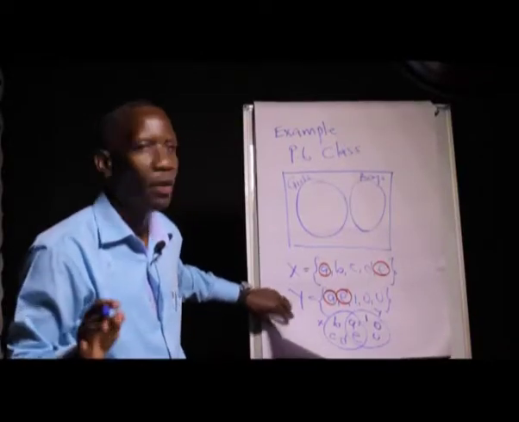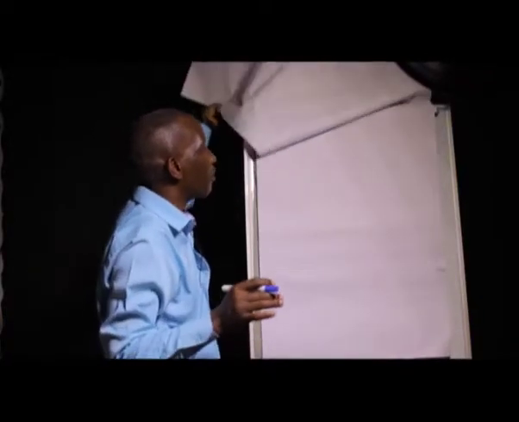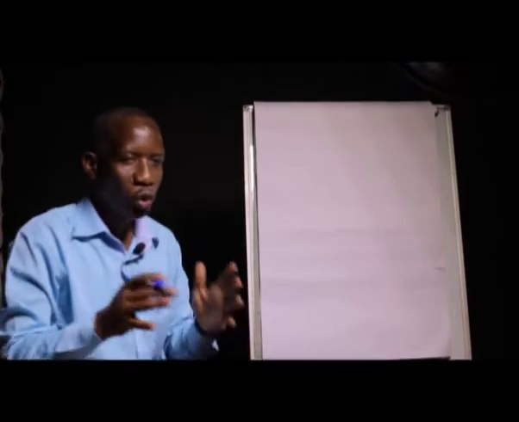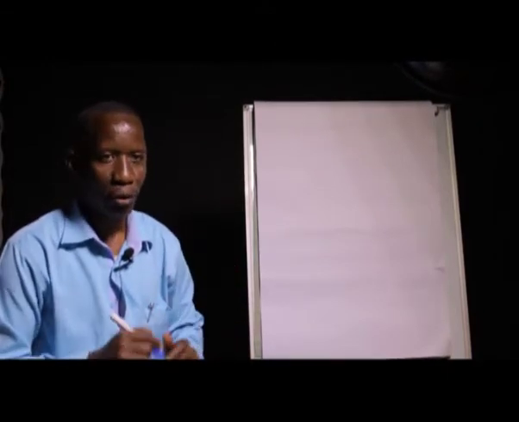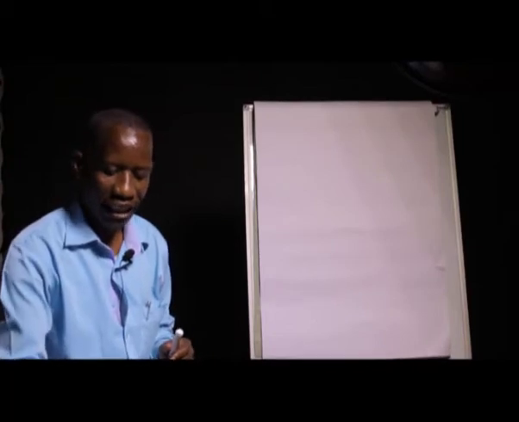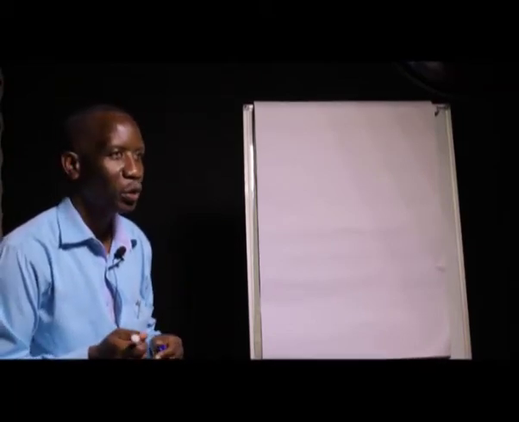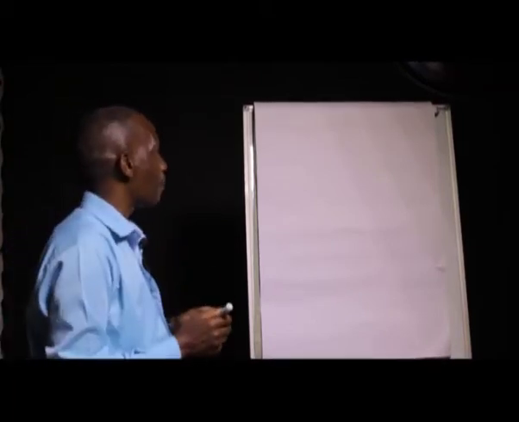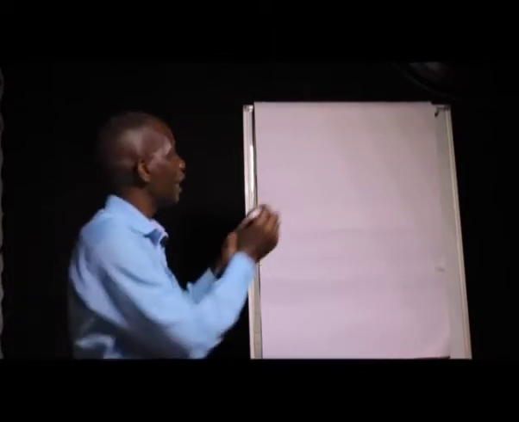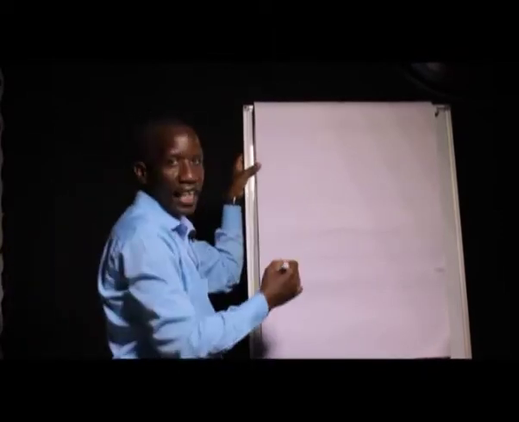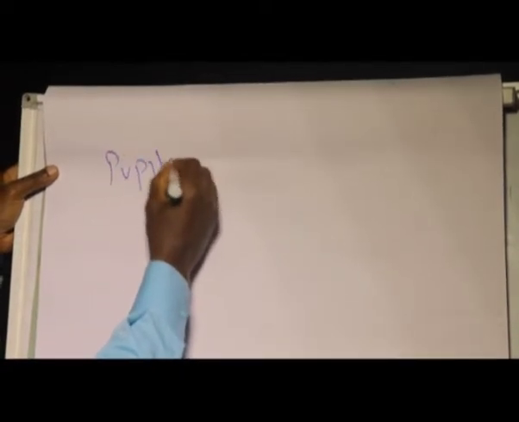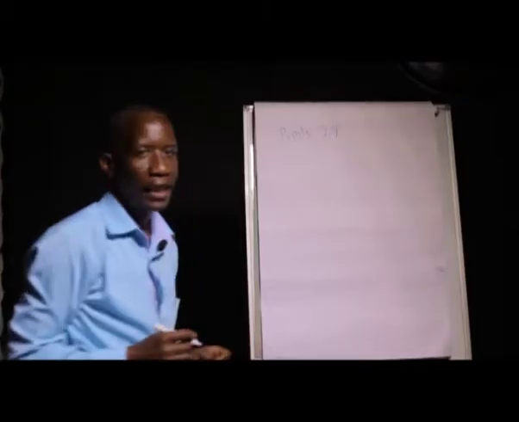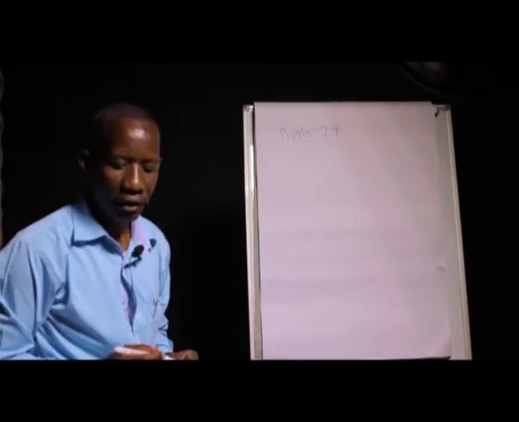us to see where we can apply Venn diagrams to solve daily challenges or daily problems. Let me give you an example or a question. In a class of 29 pupils, in a class we have 29 pupils.